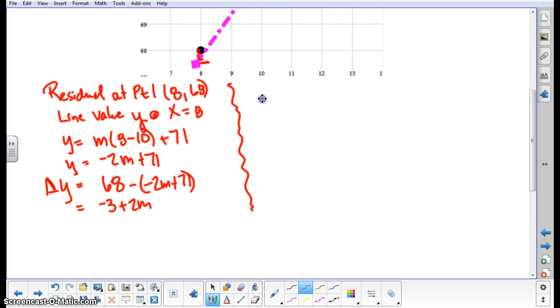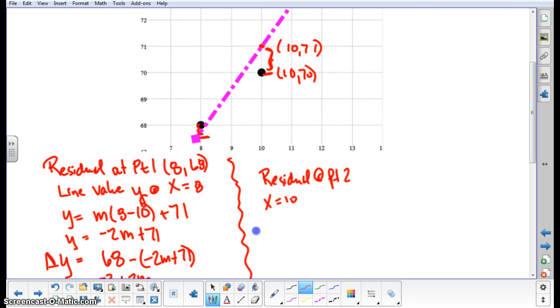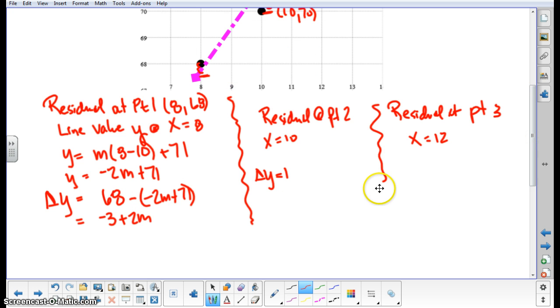Our second point, where x is equal to 10, we can read right off the graph because our real data point is at 10, 70, so the vertical distance between 10, 70 and 10, 71 is delta y equal to 1. Now, the residual at point 3, and that's x equal to 12.